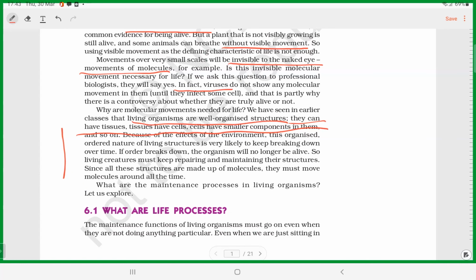And then we told one thing for this question: what are the maintenance processes? They are the life processes. Maintenance processes are what? Life processes. That maintenance job is what it finally does. It maintains what? Homeostasis. All the processes.